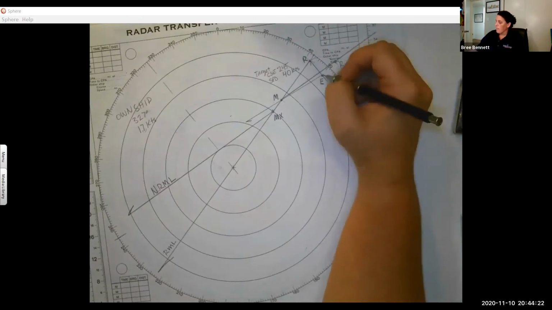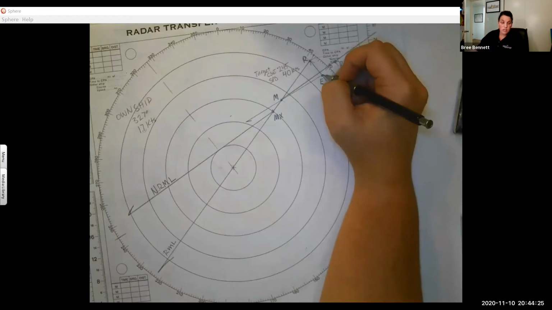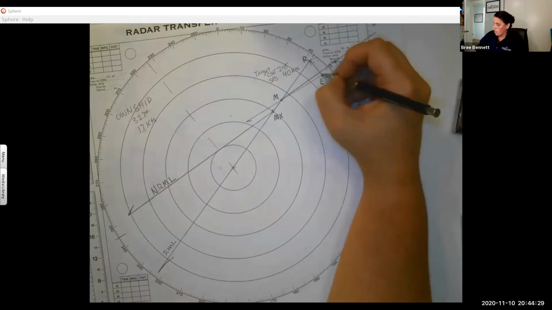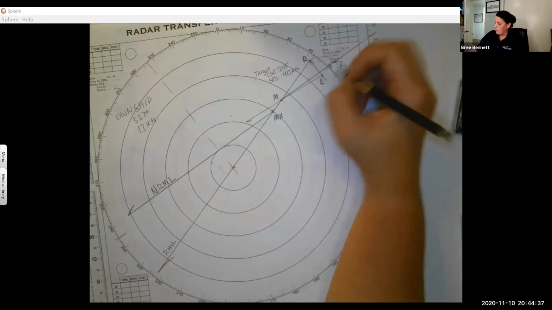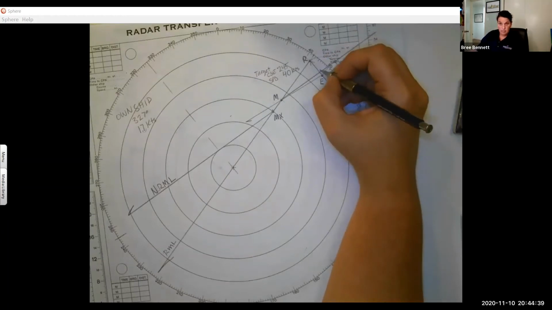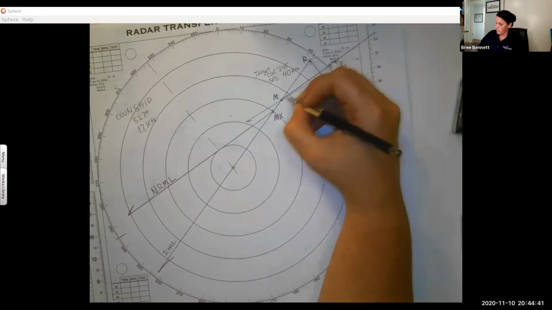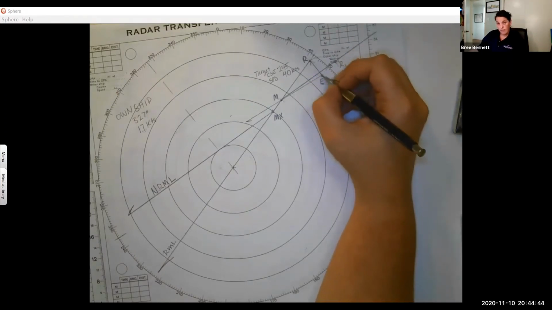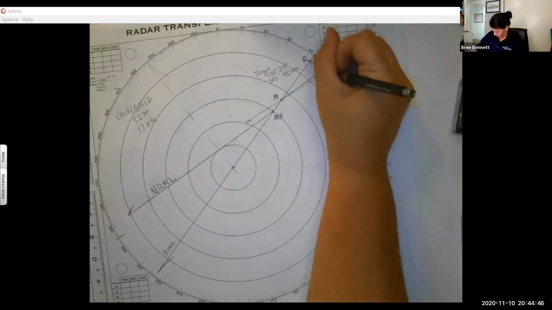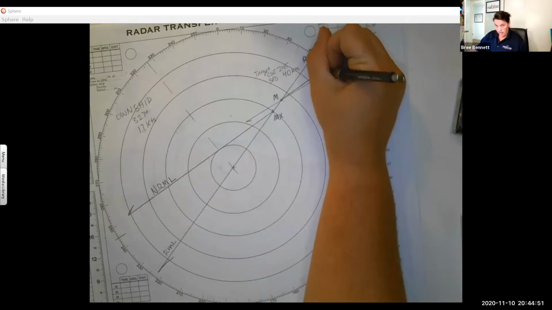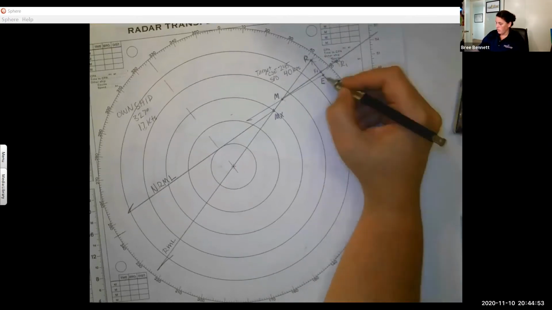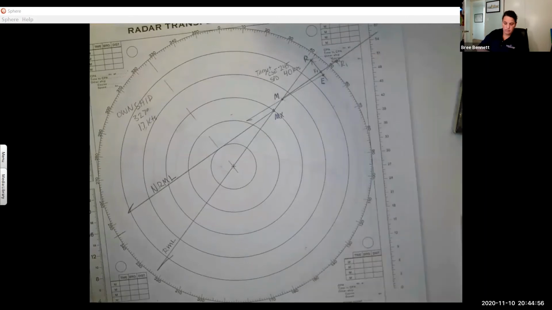If I'm changing course, I have E to R is going to be my new course. But in this case, they wanted us to slow down, to change speed. So we're maintaining course. So E to R vector is going to be in the same direction, but the length of it is going to be smaller. So where does this line cross my E to R vector? Right here. So that is my R prime if I'm changing speed.